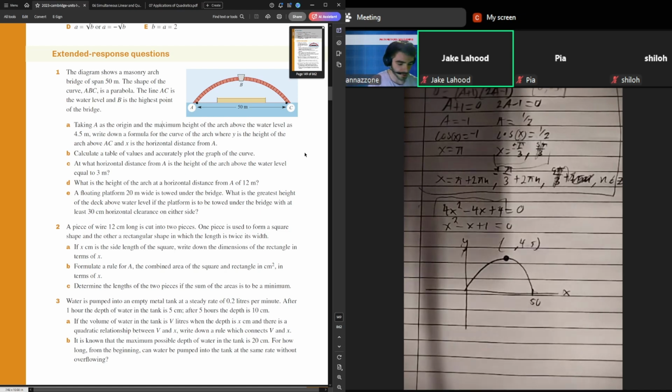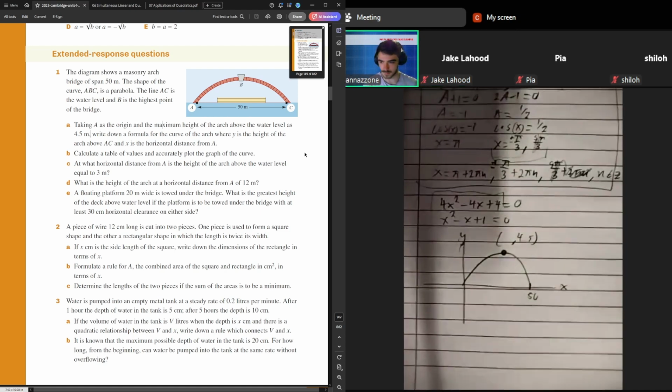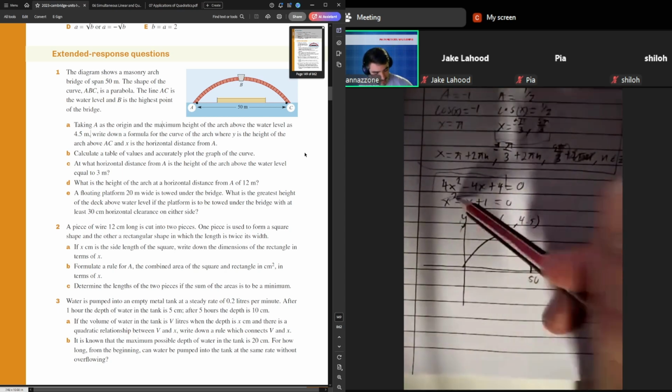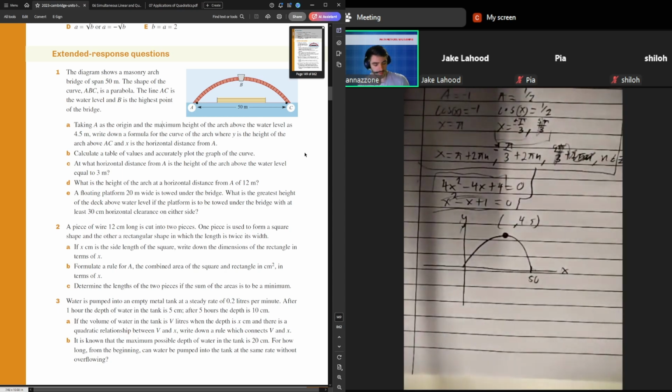So what equation are we starting with? Remember, we've got to be a bit strategic with what kinds of equations we start with based on what information we have. Could you say that the x-intercepts are at the origin and x equals 50?